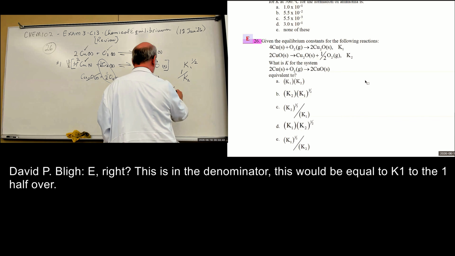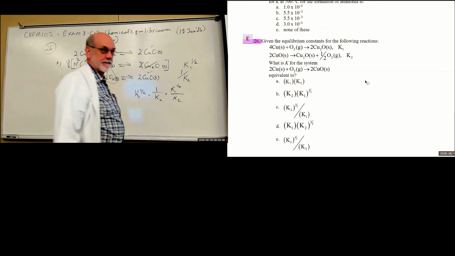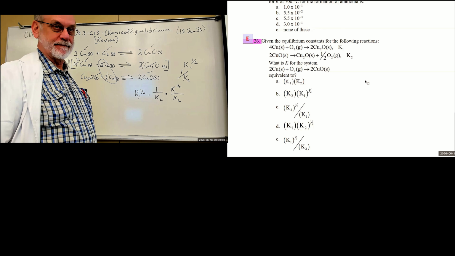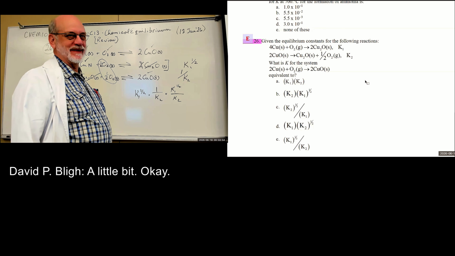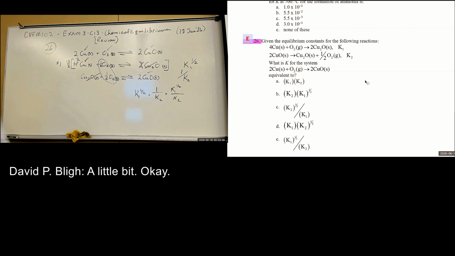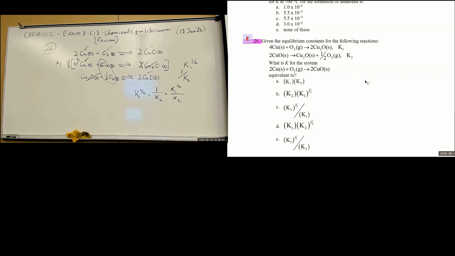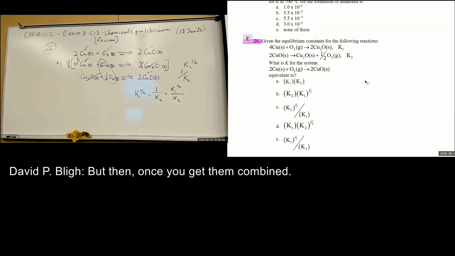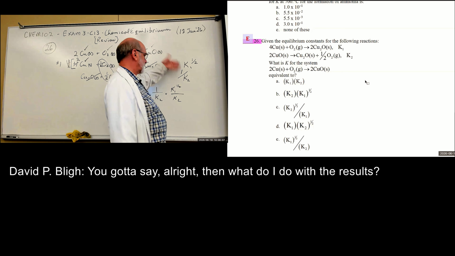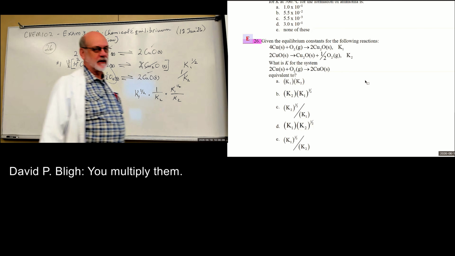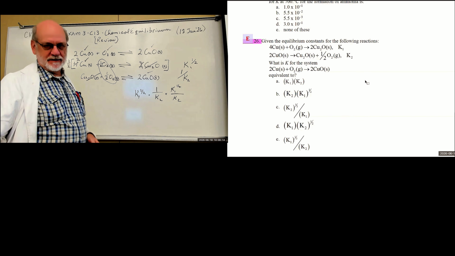This would be equal to K1 to the 1/2 over K2, right? Does that answer your question? A little bit. Okay. Yeah, you have to scratch your head and go back to Hess's law. But then once you get them combined, you gotta say, all right, then what do I do with the results? You multiply them.